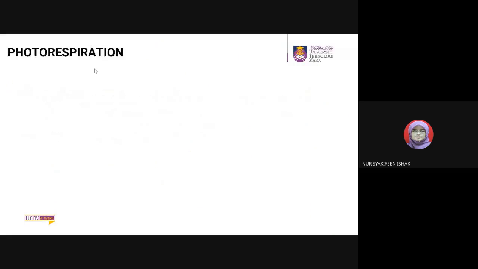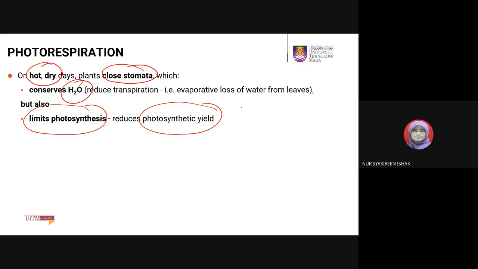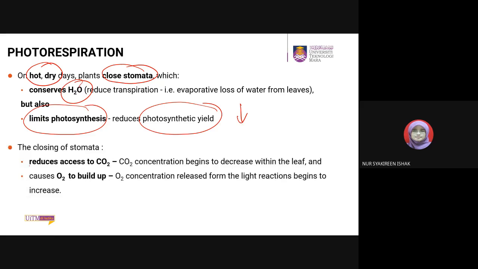Okay, so itu photorespiration lah saya dah explain kan. So photorespiration berlaku pada hot dry day disebabkan oleh stomata close to conserve water. So this limit photosynthesis ataupun reduce photosynthetic yield, reduce the production of sugar. So the closing of stomata will reduce carbon dioxide that can enter into the leaf and causes oxygen concentration to increase sebab dia adalah byproduct of light reaction.